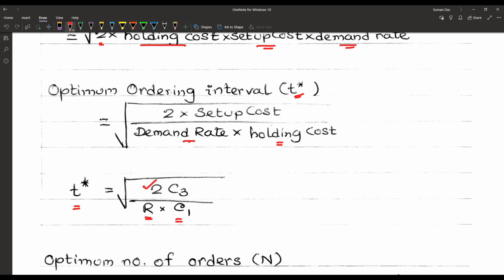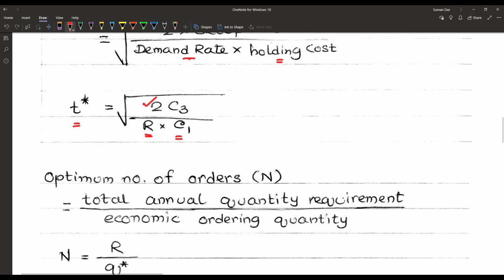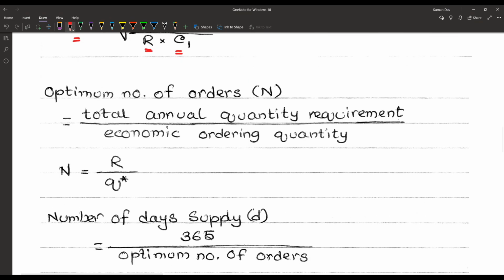The optimum number of orders, denoted by capital N, is equal to the total annual quantity requirement upon the economic ordering quantity. That means N equals R upon Q star.